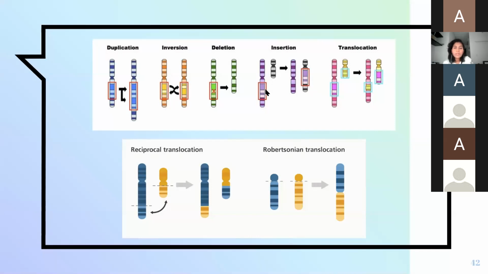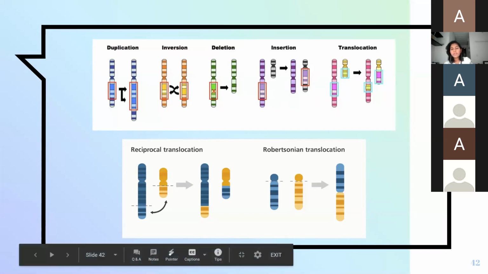But insertion is when one part of a chromosome is inserted into another chromosome. And then translocation is the same as reciprocal translocation, where two parts of the chromosome just switch. And then you have Robertsonian translocation.